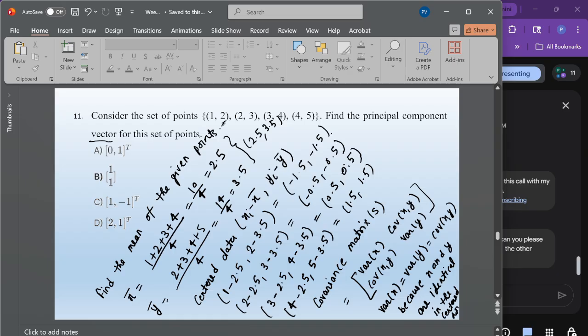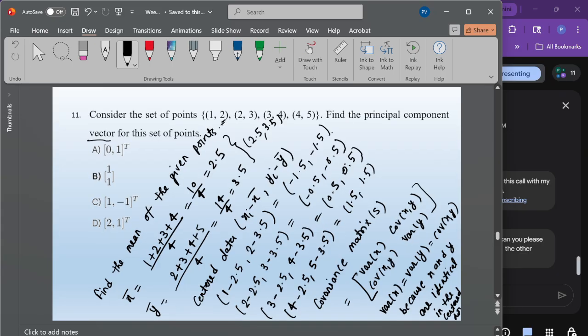So now we need to calculate the variance. If we calculate the variance of any one, we will get the variance of x, variance of y, and covariance of xy, and put it in this one. I hope all of you have noted this down.